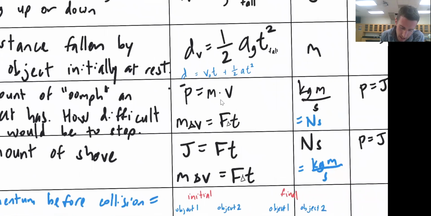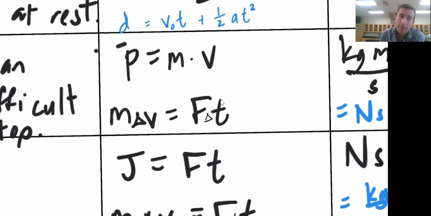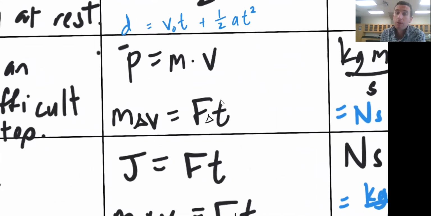All right, so our equation is that p, or momentum, is equal to the mass times the velocity. The momentum of an object is equal to mass times velocity, or I could also phrase it as m delta v, mass times the change in velocity, is equal to the force times the change in time, and this equation will become more relevant in just a second.